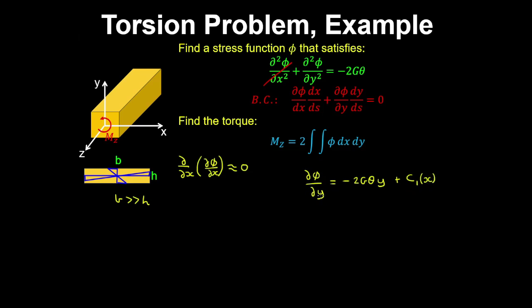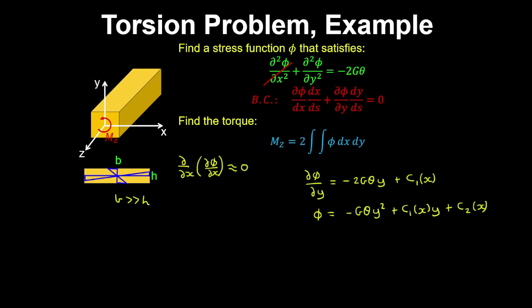So if we differentiate again, this term drops out. And then if we integrate again, we get minus 2Gθ y squared on 2, which is minus Gθ y squared, and then plus our constant multiplied by y, and plus another constant of integration.